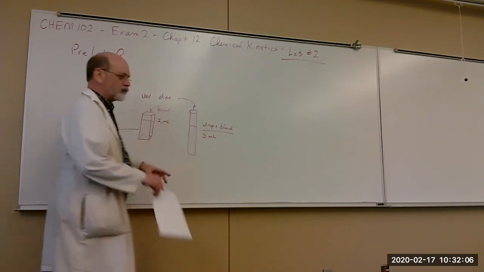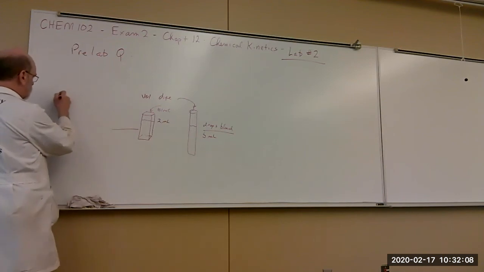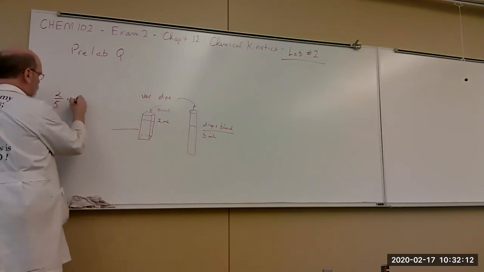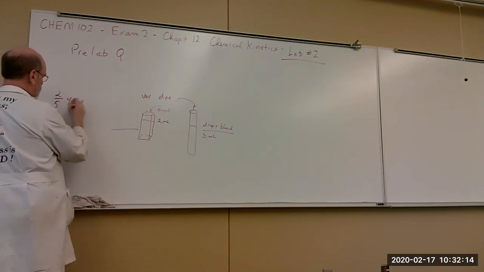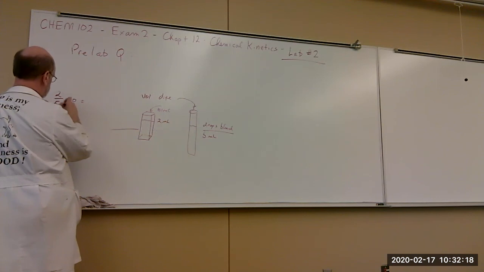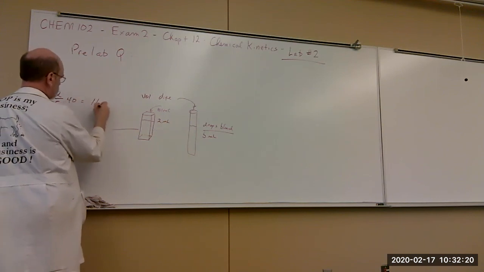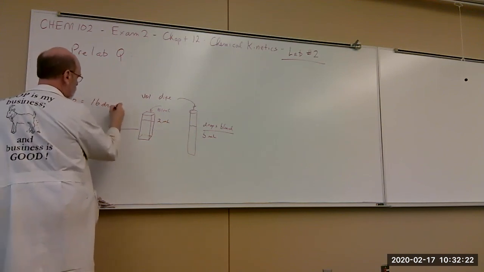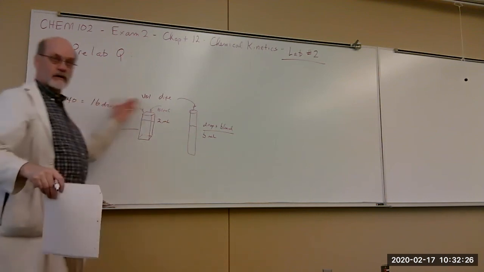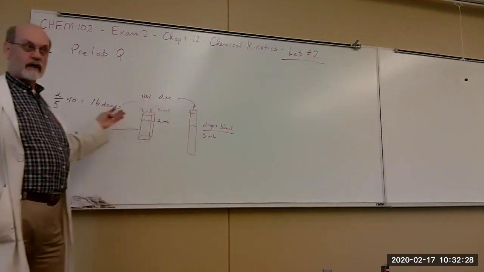If you only use 2/5 of that volume, and you say you need 40 drops in 5, then you need 16 drops in here to give you the same ratio, right?